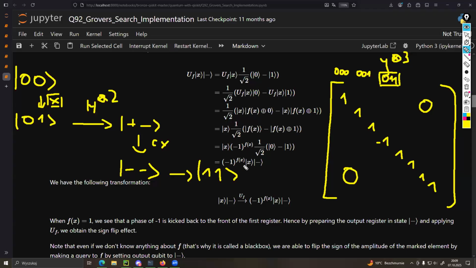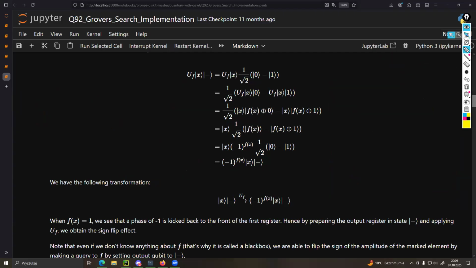This will be our marking. And how can we do this? We can do it with exactly this phase kickback system. We would need an extra qubit here to condition into that one single state that we can pick from the identity matrix to transform it into whatever we actually like, right? And this is how we can do it.